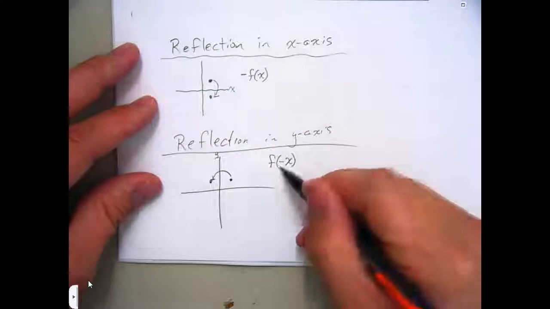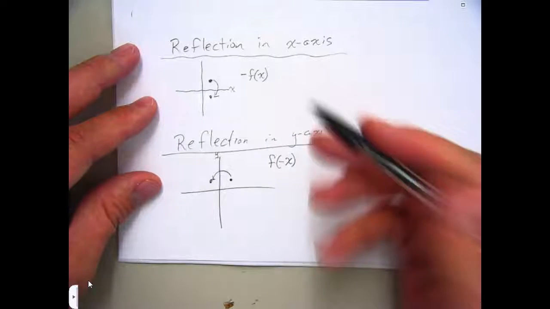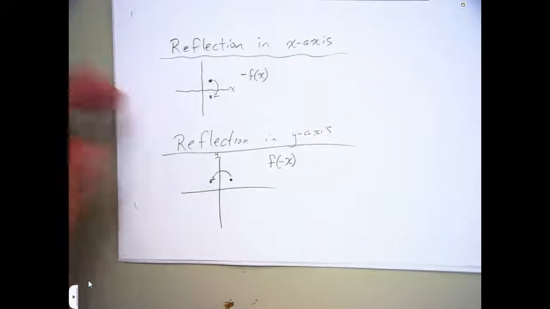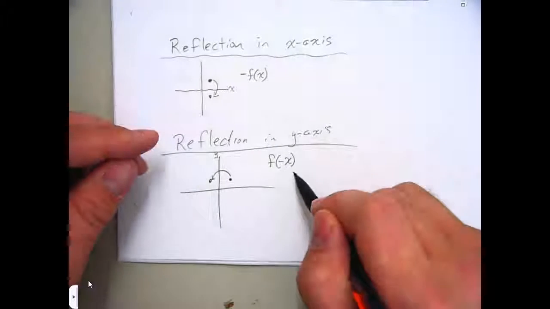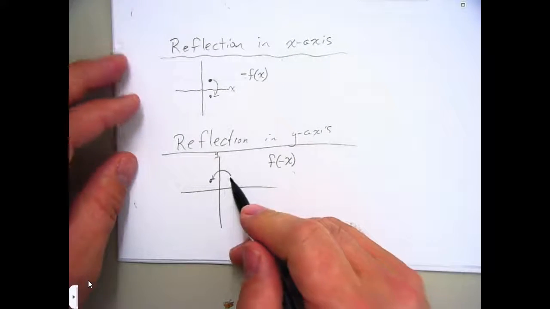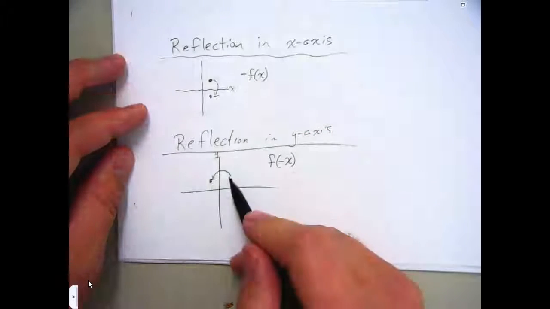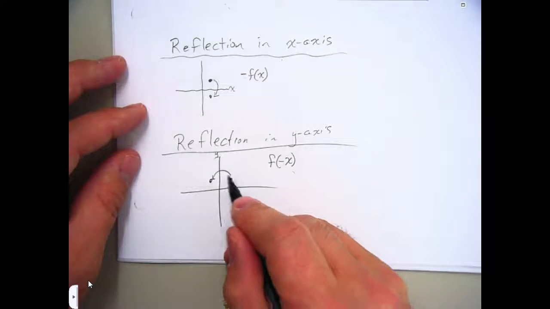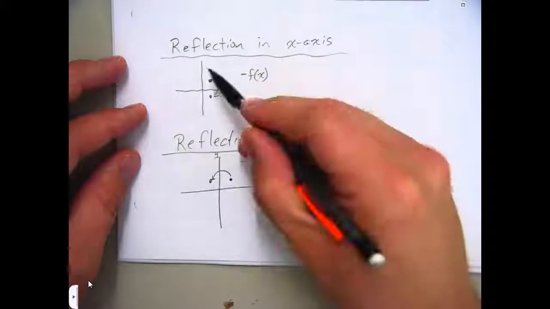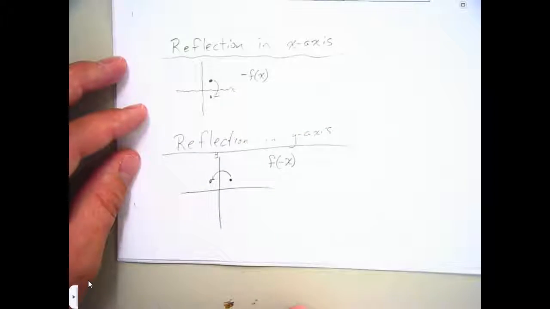So these negative signs, when you're multiplying x by -1, or you're multiplying f of x by -1, that's a reflection. This affects your input. This affects your output. Just remember, input goes horizontal, output goes vertical. Input is x, so it's changing how you'd move along your x-axis. Output is y, so it's changing how you'd move along the y-axis.